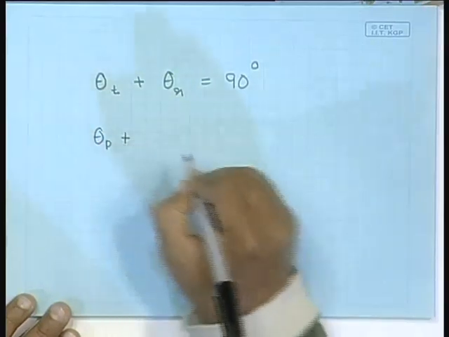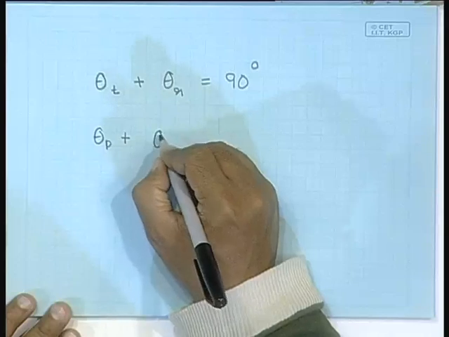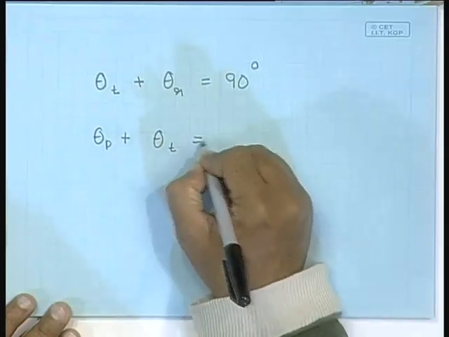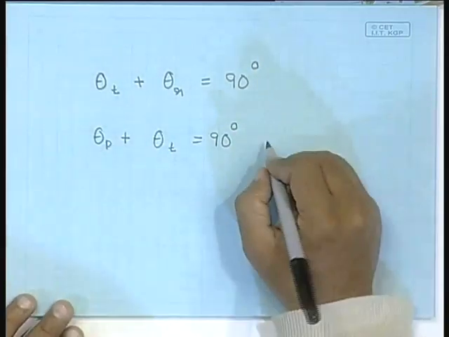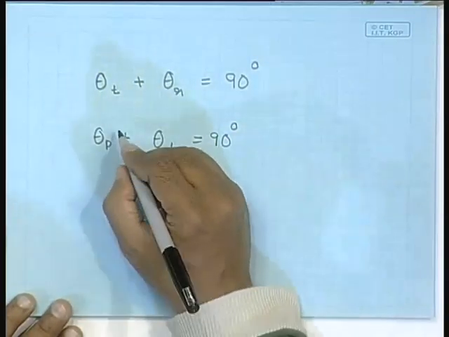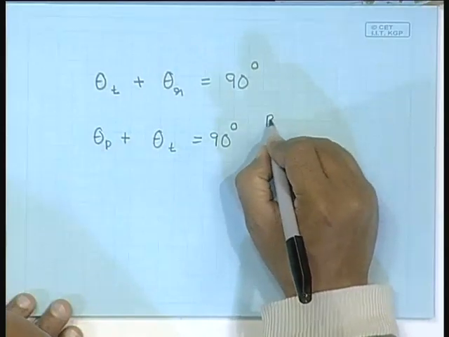So, the condition for the polarization angle satisfies this condition. This angle theta p is also called the Brewster angle.